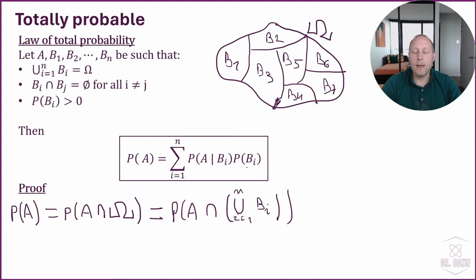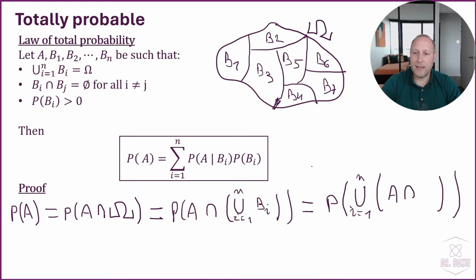And now we use one of De Morgan's laws, which says that the intersection of A with a union of sets is the union of the intersection of A with each of them. So this is the same as the probability of, according to De Morgan, the union for i going from 1 to n of the intersection of A and Bi.